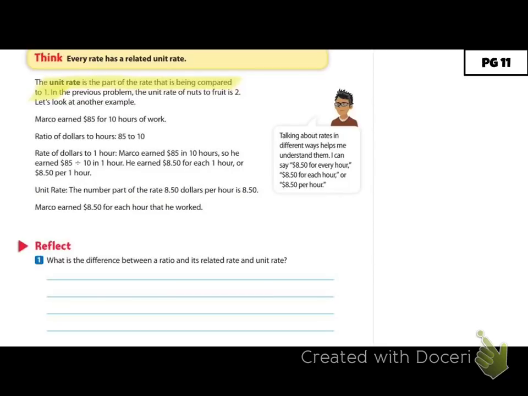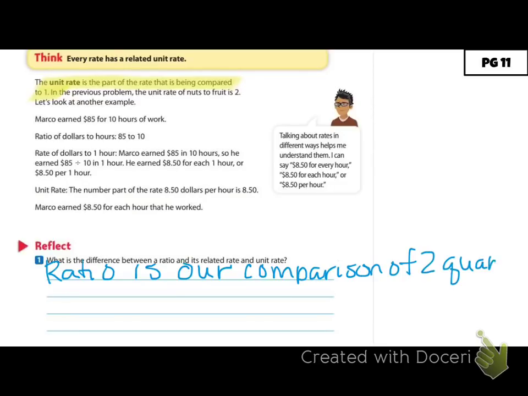So what is the difference between a ratio and its related rate and unit rate? Okay, our ratio is our comparison of 2 quantities. It's just the comparing of the 2 original numbers.